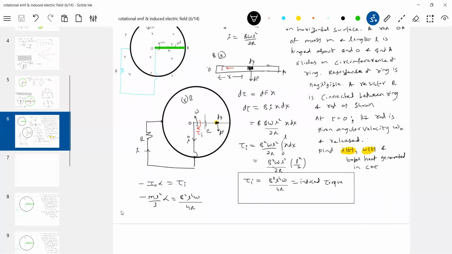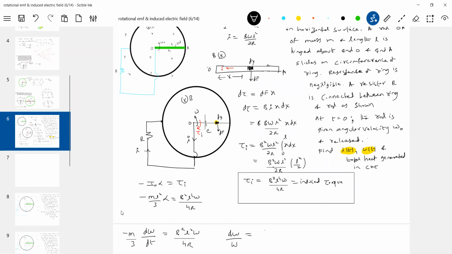Let me write the mathematical part. Alpha you can write as d omega by dt. So d omega by dt equals minus 3 B square L square omega by 4 m R, as L square gets cancelled.